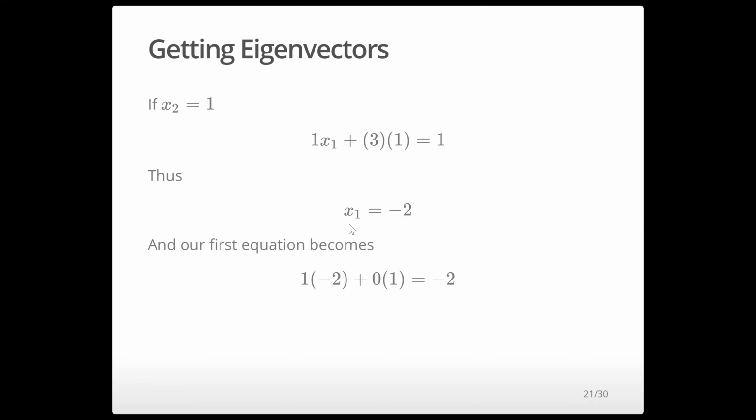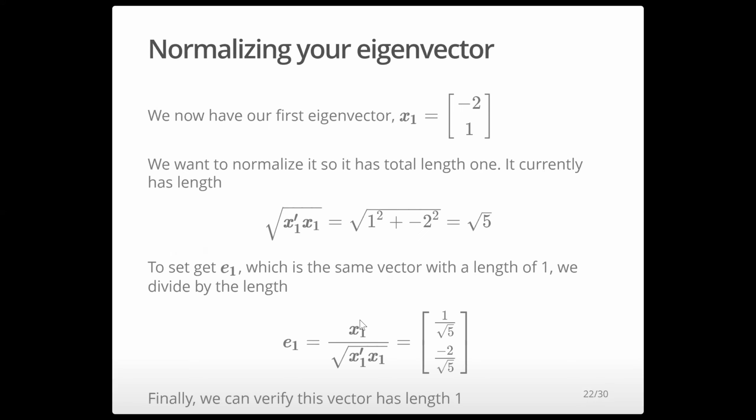So that implies x1 equals -2, since we just subtract the 3. And of course, this satisfies the first equation as well. So we have our first eigenvector, x1 equals -2, 1.